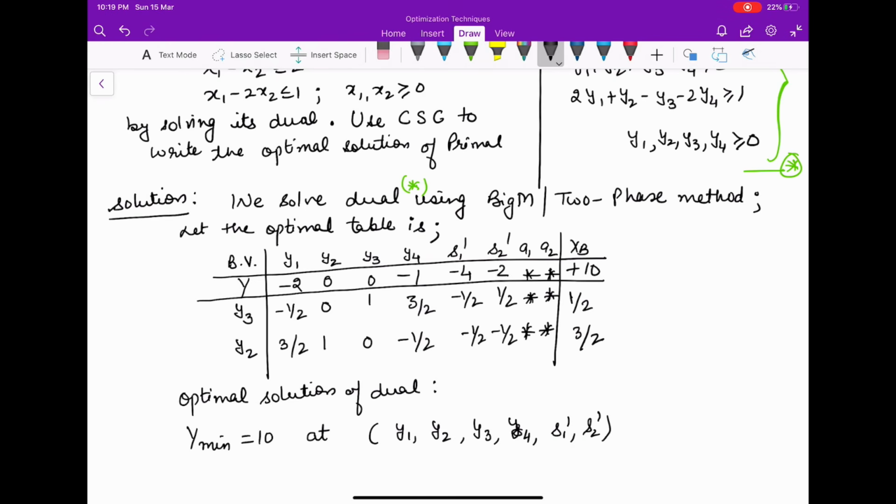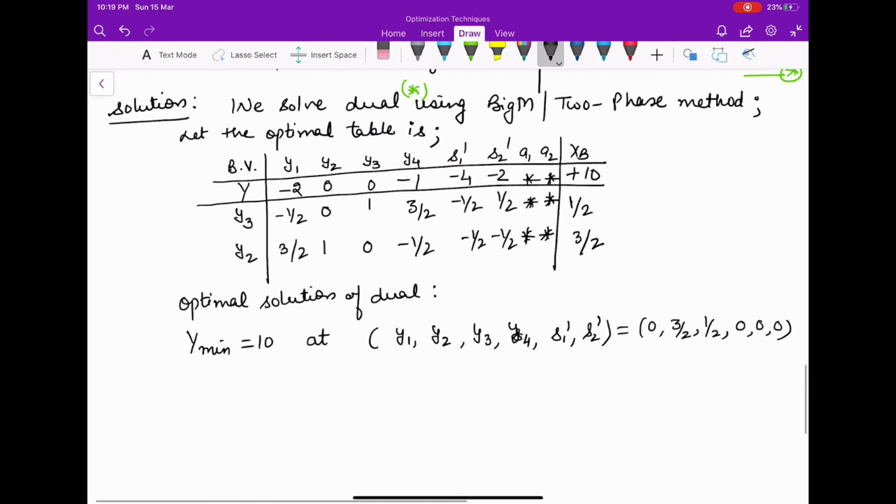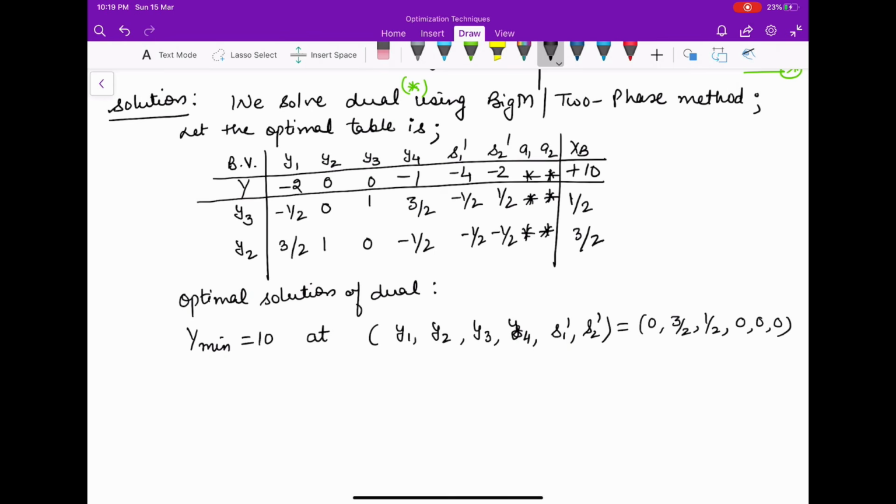These are the slack variables used in the star problem. So this is 0, 3 by 2, half, 0, 0, 0. And now to apply the complementary slackness condition, we need to identify which of them are basic variables.